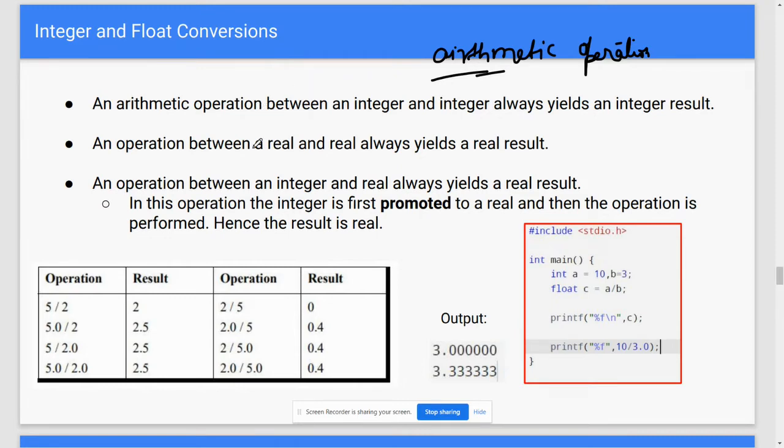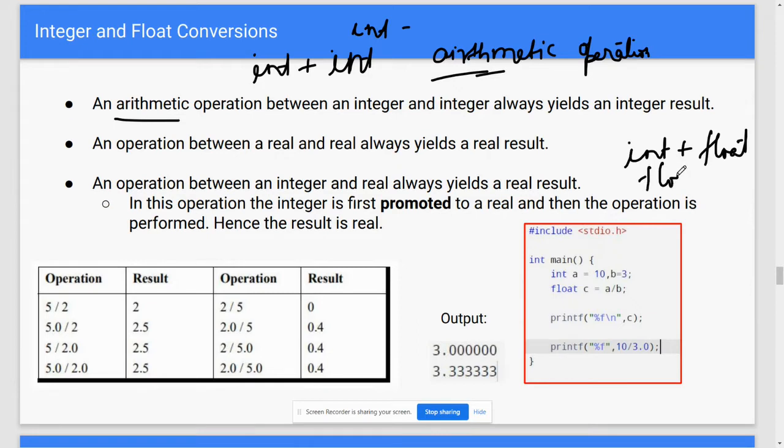Initially I told you that arithmetic operations can be of three types: operations among integers, operations between integer and float values, and operations among float values. I specifically discussed these three types yesterday.